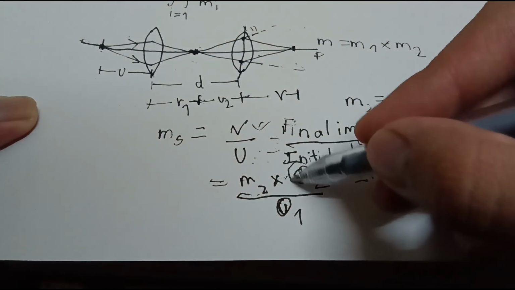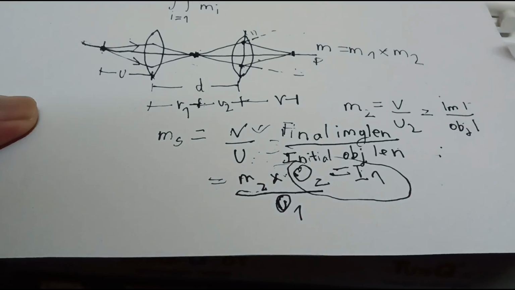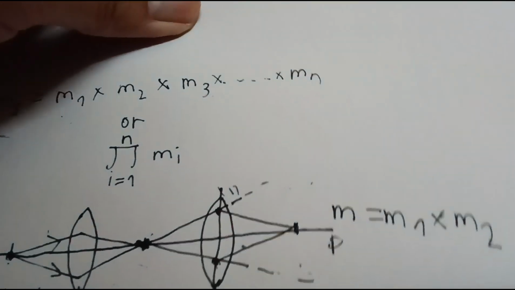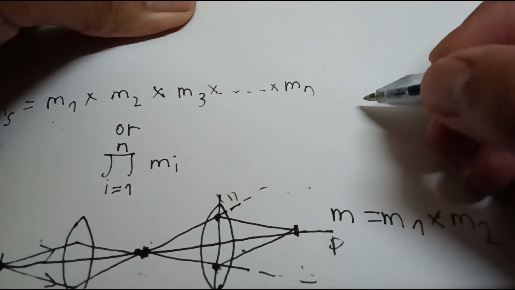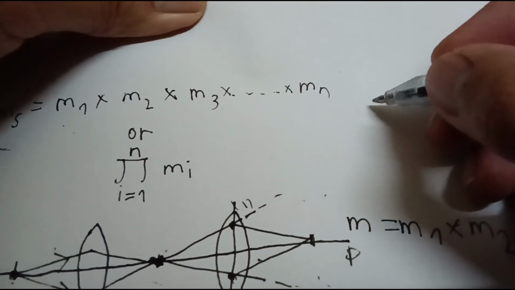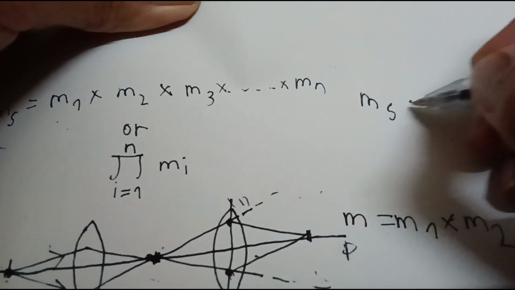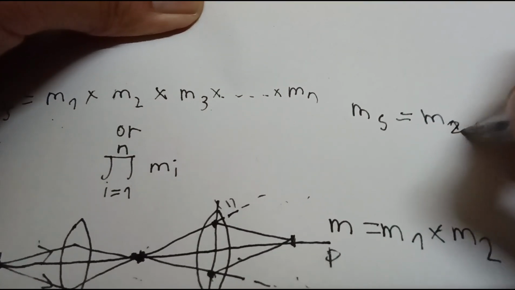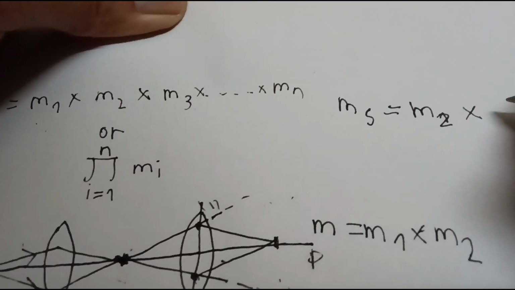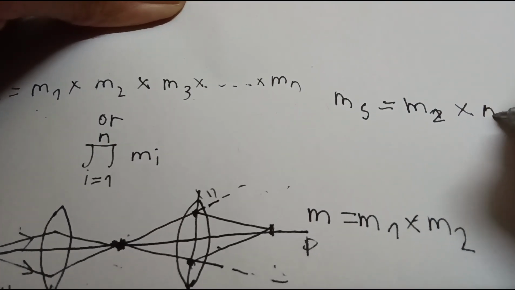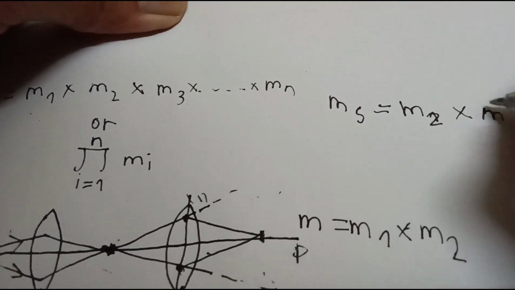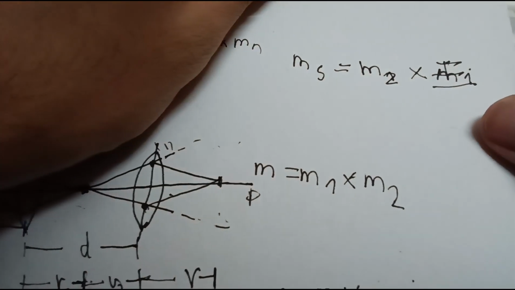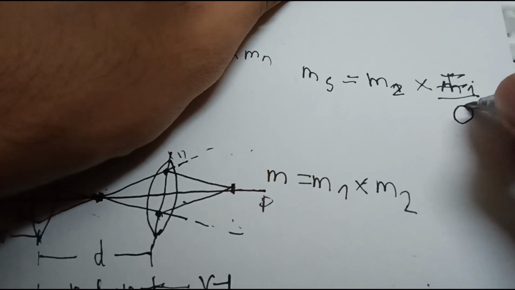So furthermore, if O2 is I1, that means that I can write Ms, the magnification of the system, as M2 into I1, the length of the image made by the first lens, upon object length O1.